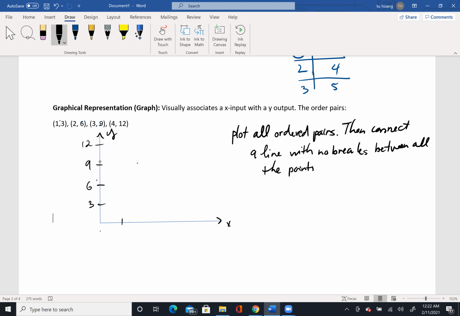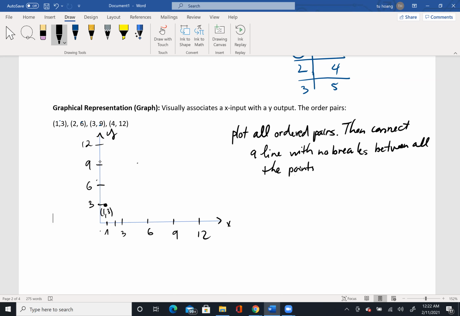So here is 3, here is 6, here is 9, and here is 12, something like that. The first one is 1 and 3, so the point is here. I call it 1, 3. What else? I have 2 and 6.